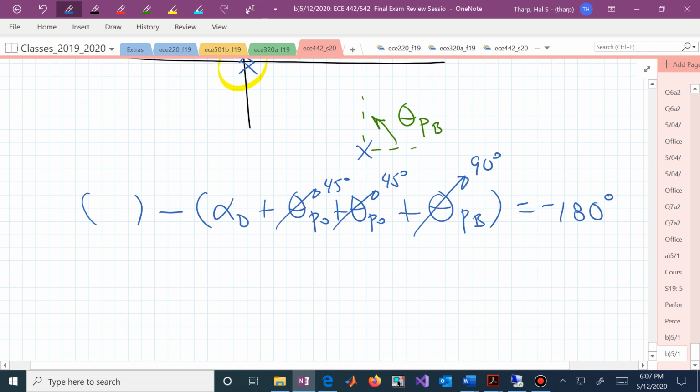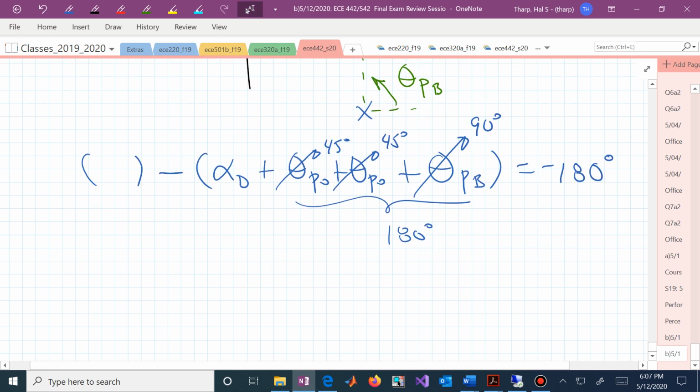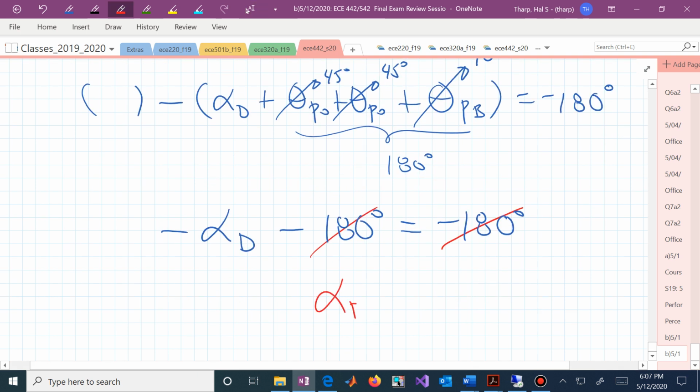We have 180 degrees total there, and we'll have that with a negative sign. We now have minus alpha d minus 180 is equal to minus 180. These two cancel, and now we have alpha sub d, or negative alpha sub d, equaling 0. So our departure angle is 0.